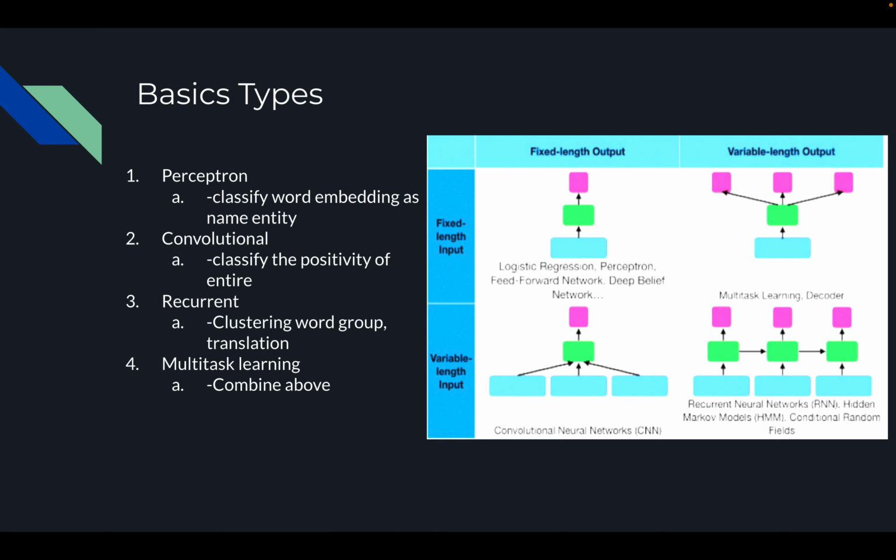Third, recurrent: word clusters, word groups, translation. What this does is take a sentence and, from the context, tell which words should belong to which group.